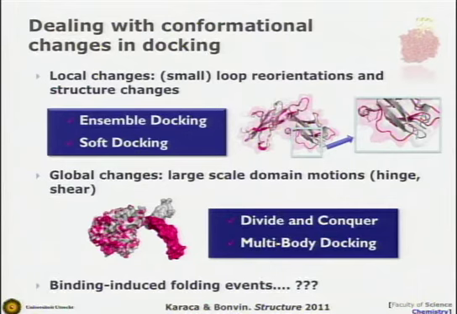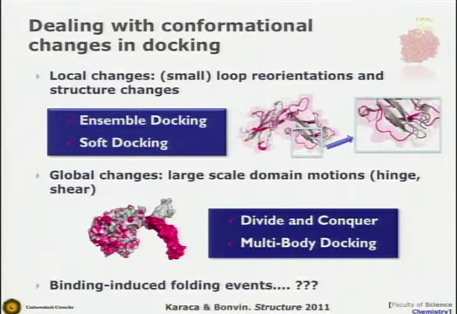So they are small loop reorientations, side chain reorientations. You can usually deal with these small ones by docking potentially from an ensemble of structures, an ensemble of conformations from NMR, or sampling conformations from molecular dynamics or some other method like elastic network, and using flexible refinement as we are doing.